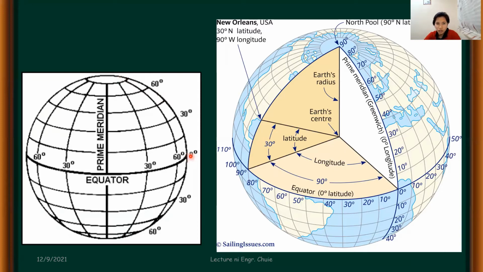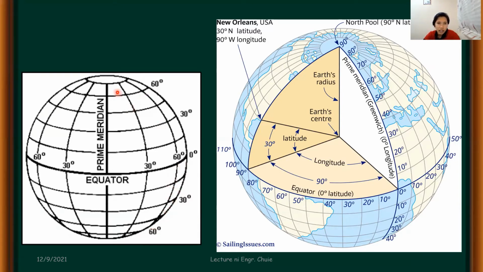The same is true going down: balik tayo sa 0, then negative 15, negative 30, negative 45, 60, and then 90 degrees to the South Pole. So the latitude here has negative values.